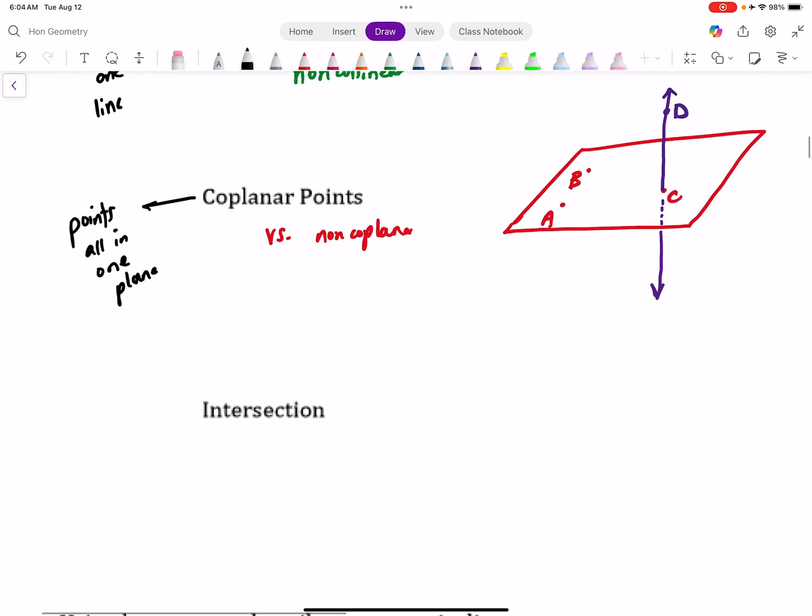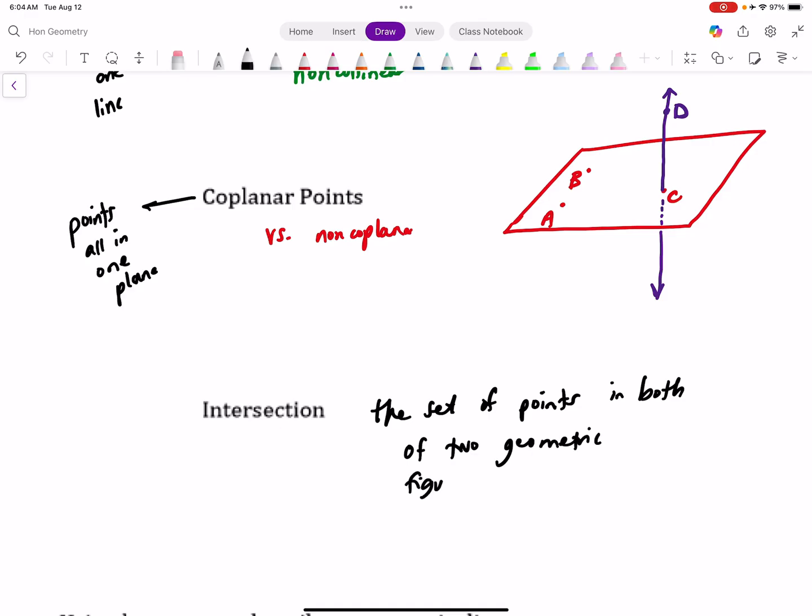And then the intersection, that is the set of points in both, or it could be more than two, in both of two geometric figures. Again, it can be more than two, but usually we start out talking about these two things intersecting here.